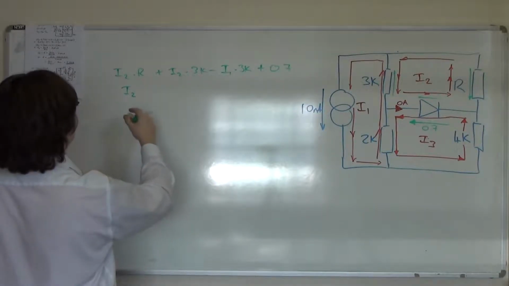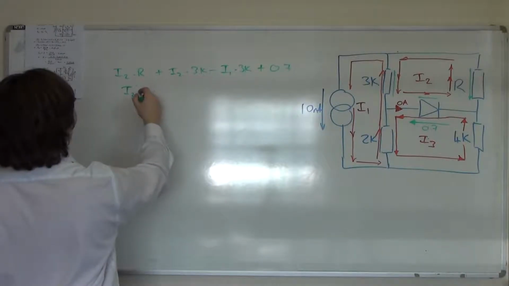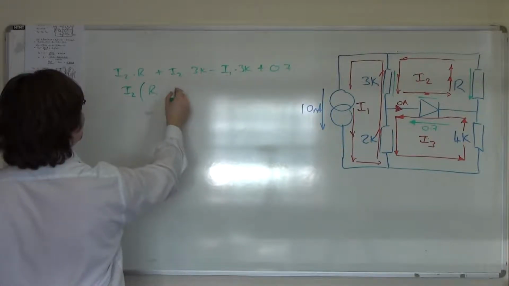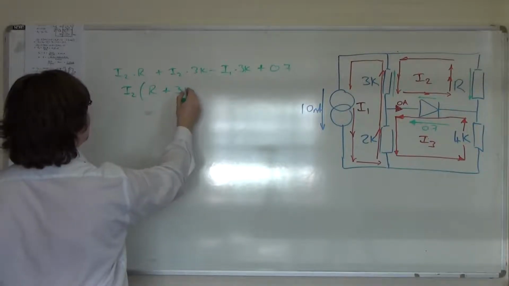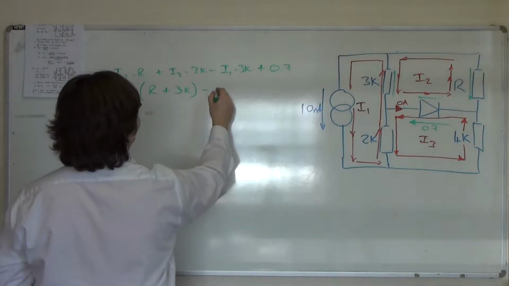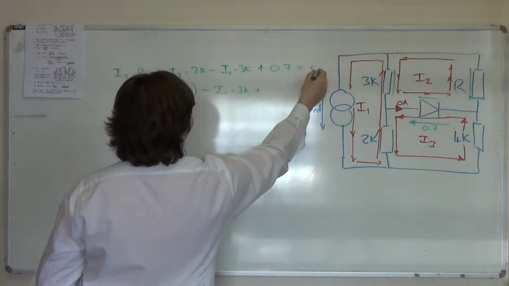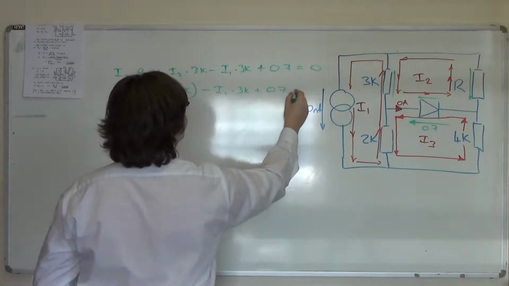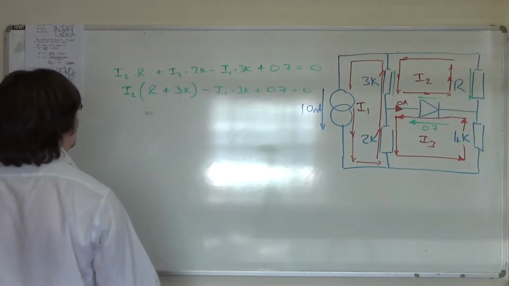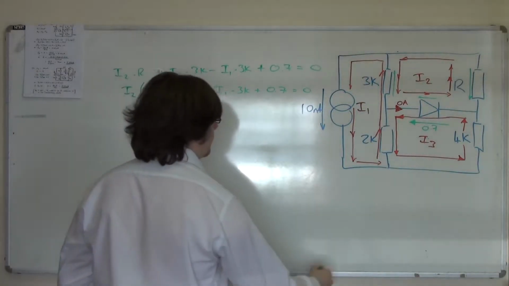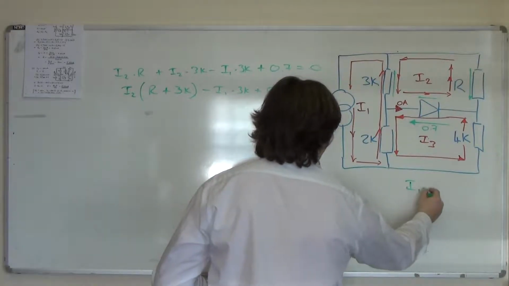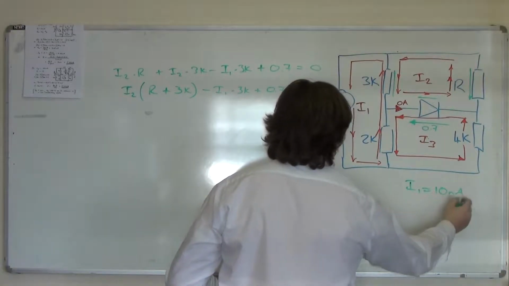It's actually incredibly difficult to work through other algebra while talking. So it's I2 times R plus 3k minus I1 times 3k plus 0.7, and it's all equal to 0. And we know that I1 equals 10 milliamps.